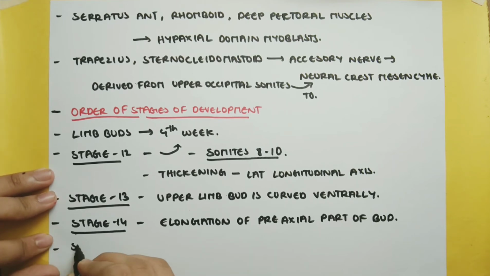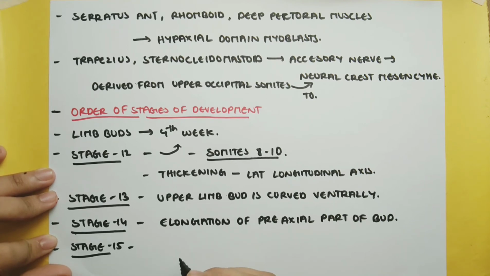Next comes the stage 15. The upper limb can be subdivided into proximal and distal portions, where dorsal bulge and ventral curve are seen in proximal region and forearm and hand plate are seen in distal region.